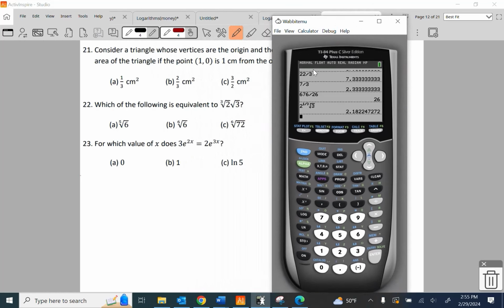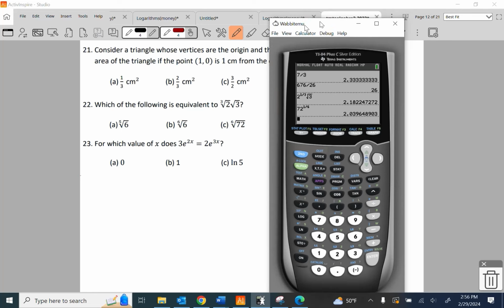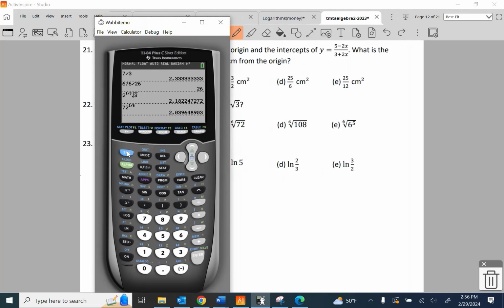I don't know. 6 root of 6 ought to be pretty small. Let's check 6 root of 72. So 72 to the 1/6. Nope, too small. 6 root of 1/8. There she is.